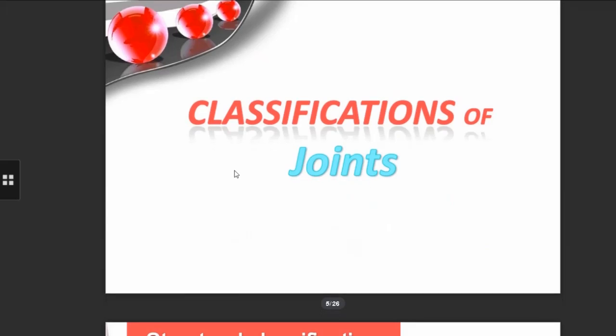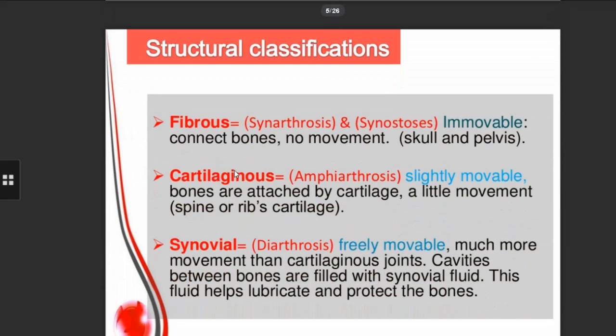Classifications of joints. Structural classification. We have discussed there are fibrous, synarthrosis, and synostosis. What do you mean by synarthrosis?